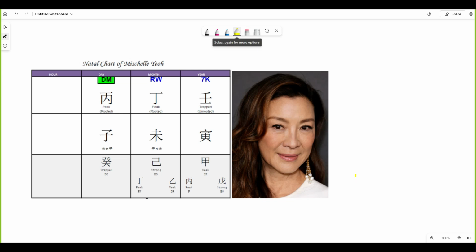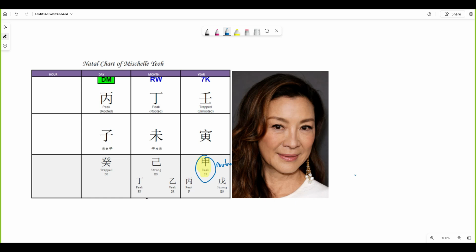Now, for a woman, the mother represents the indirect resource, not the direct resource. And therefore, her mother is here. But do not get mistaken that it is hidden. The mother is hidden, but it's not hidden under an earth branch.